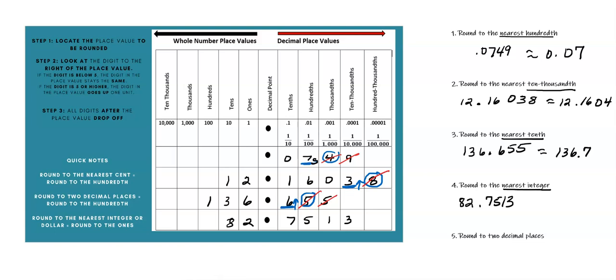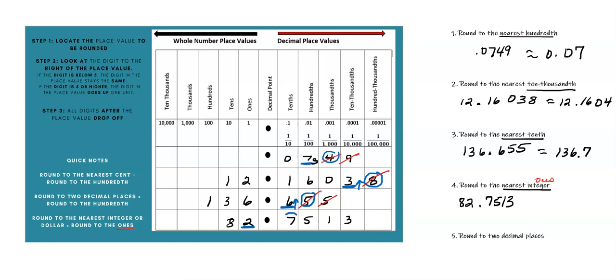So you see at the bottom here, round to the nearest integer or dollar. Round to the nearest integer or dollar is the same as asking you to round to the ones. So technically we're asking you to round to the nearest ones. So we're going to locate our place value. We have our 1, so that's in front of the decimal point because that's a whole number place value. So the number 2 is in the ones place.